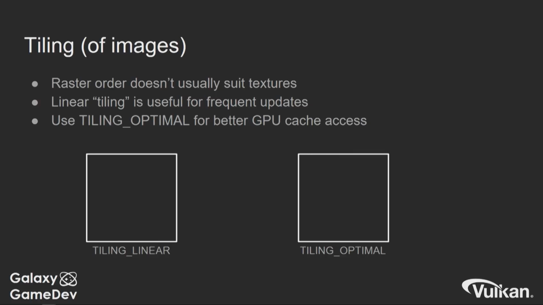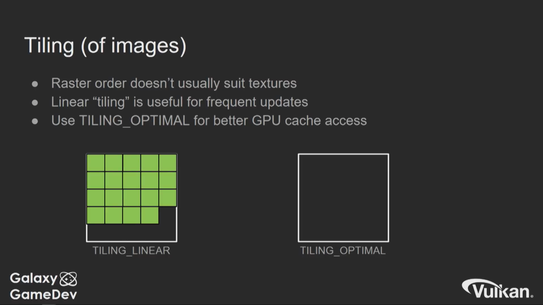With it, the texels of your image are laid out in memory in row-major order, and the order in which pixels in a triangle are processed is unlikely to suit that linear tiling order if we're talking about triangles that have arbitrary orientation. That might not be a good fit for the GPU cache.